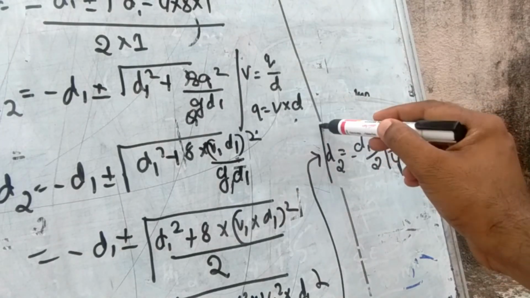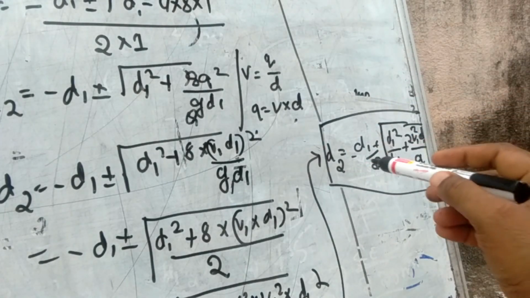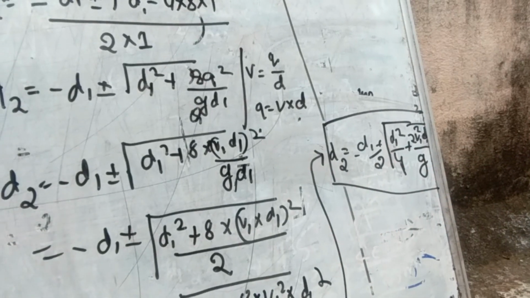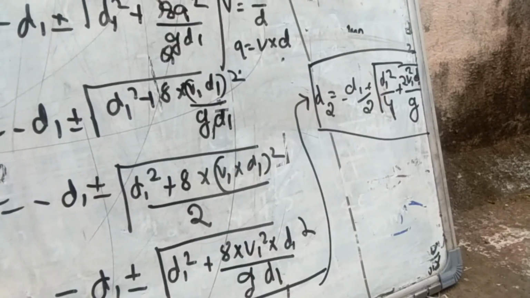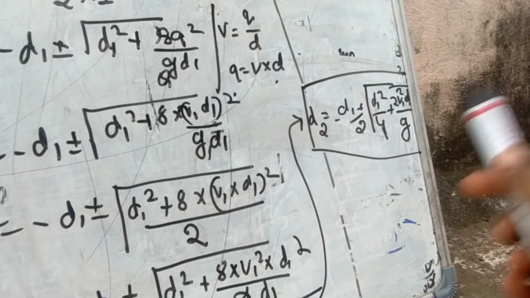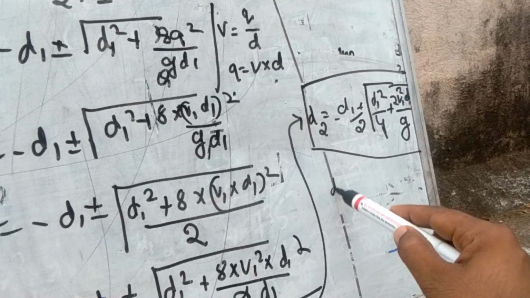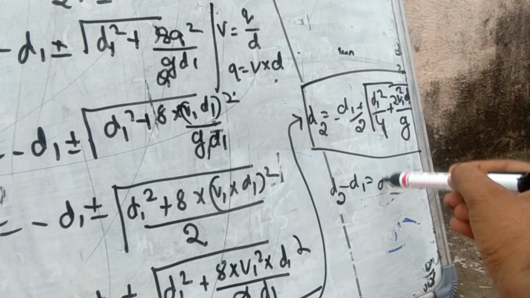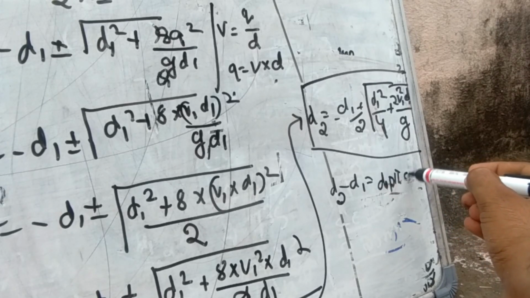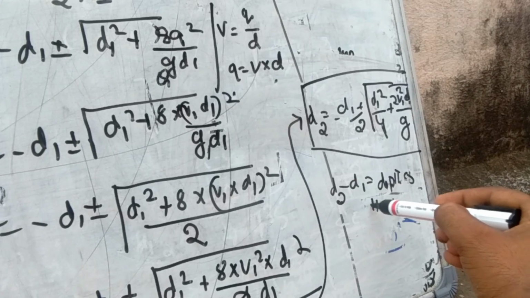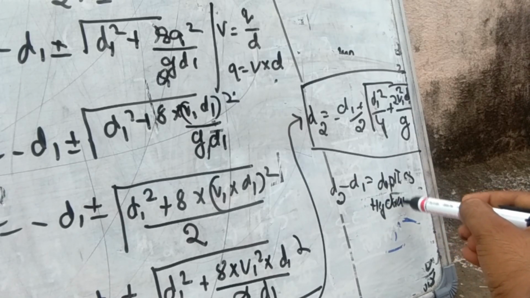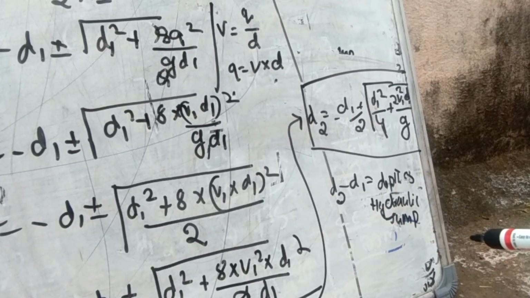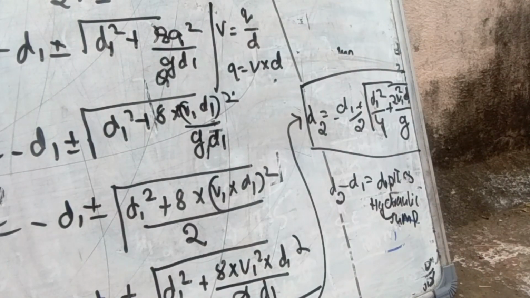That is the final equation we get from there. There are small mathematical steps you can follow easily. And d2 minus d1 is equal to the depth of hydraulic jump. D2 minus D1 is the depth of hydraulic jump.